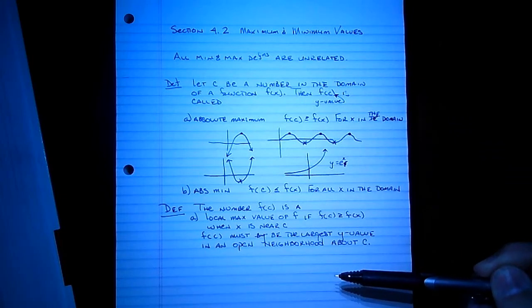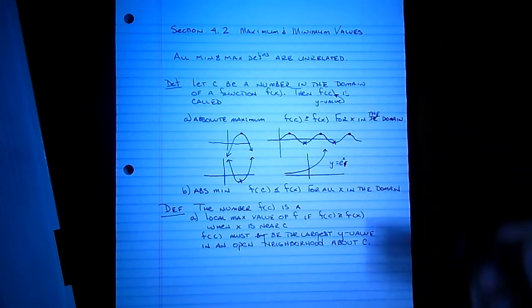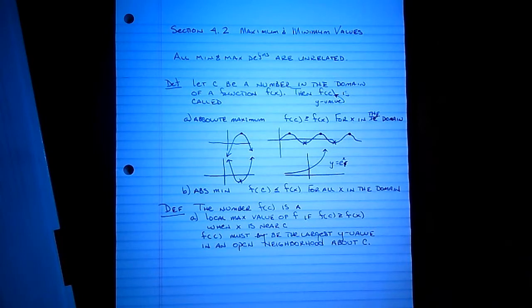And then, of course, we haven't written it yet, but we're going to want to differentiate between our local minimum and our absolute minimum. So let's complete this by filling in the definition for the local minimum.